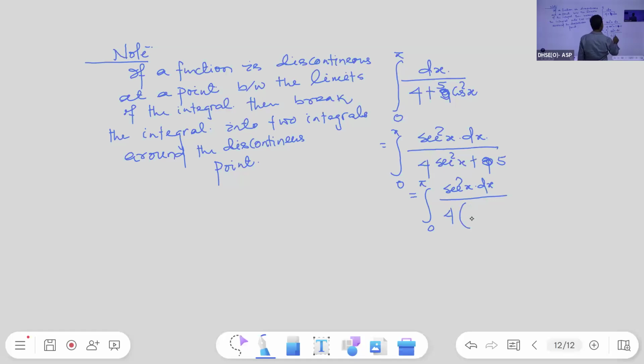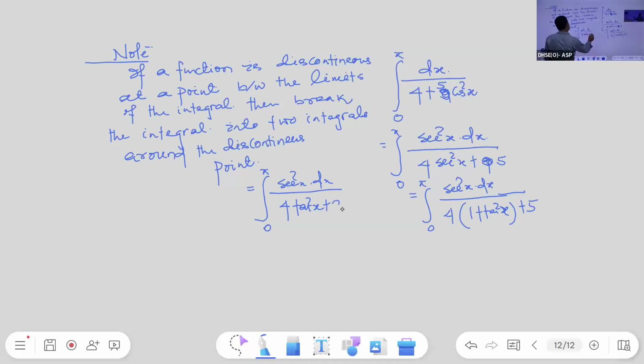This is equal to integral 0 to pi secant square x dx upon 4 tan square x plus 9. In indefinite integral, to integrate this function, we have to substitute tan x is equal to t. But here, we can't substitute tan x is equal to t directly because, you know, the function tan x is discontinuous at x is equal to pi over 2.